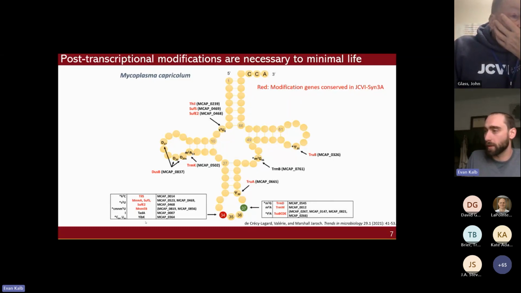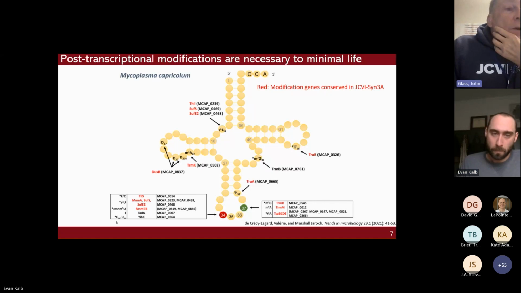And this YBK encodes for cytosine methylation and uridine methylation. These are important modifications for maintaining the open reading frame of a tRNA. So it's pretty fascinating that you got rid of these. I'm especially surprised about tAA because of its ubiquity in prokaryotes.